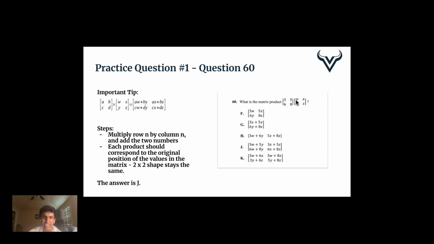So in this case, the answer is J, because you have 3w plus 5y, then 3x plus 5z, and then 6w plus 8y, and then 6x plus 8z.